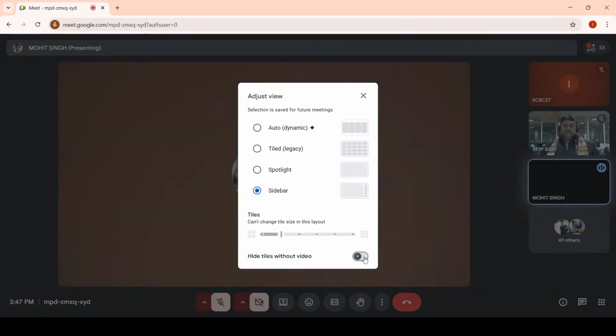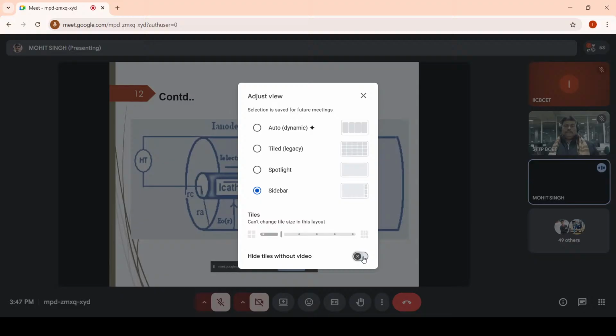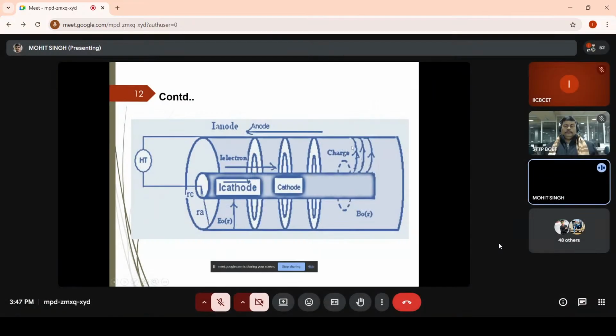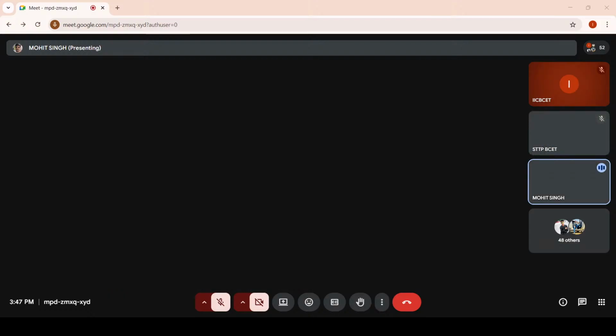This is the basic diagram which is drawn to understand what is the direction of magnetic field, the direction of anode current, the direction of electron current, and the direction of cathode current. You can see when the high transmission voltage is applied, E naught R is represented in the figure, that is the electric field direction.